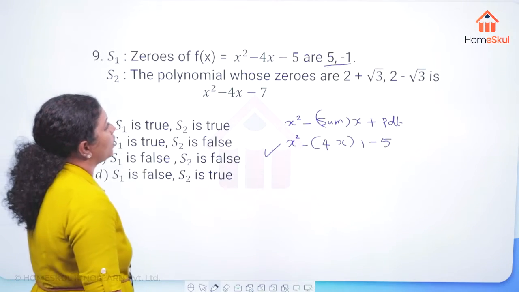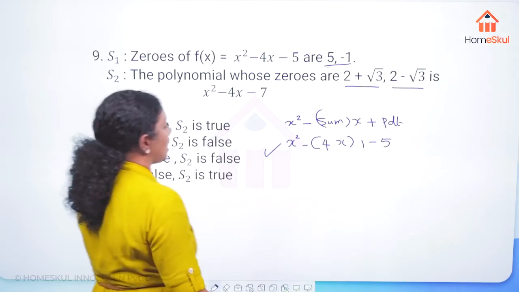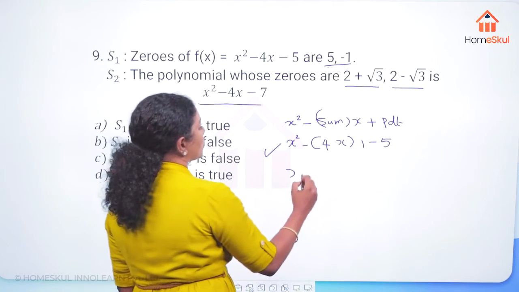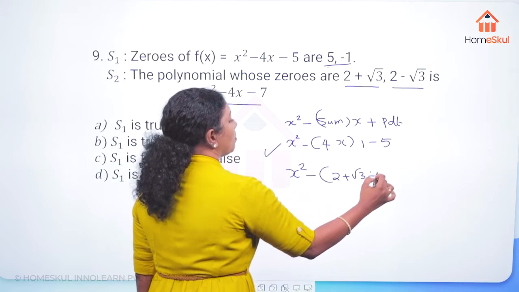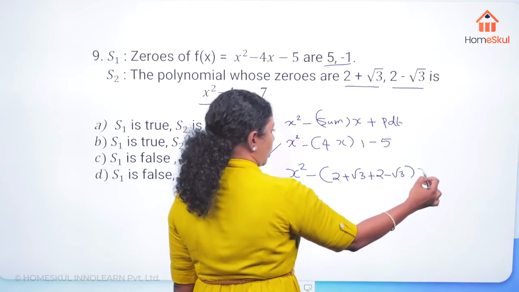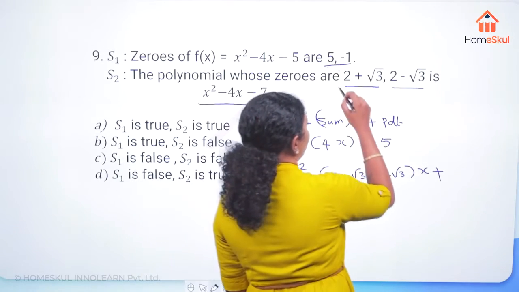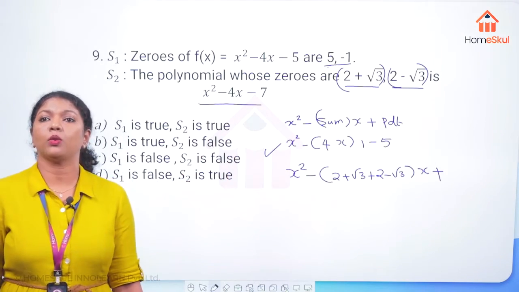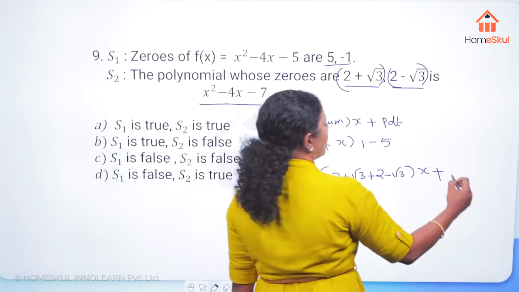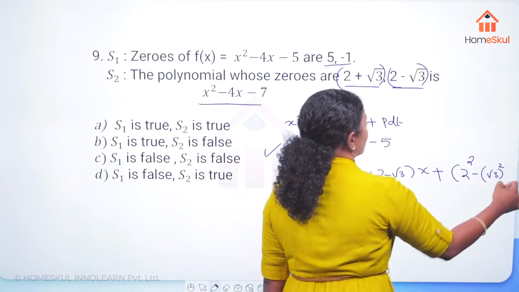Next is the polynomial whose zeros are 2 plus root 3 and 2 minus root 3. Let us try x square minus the sum, 2 plus root 3 plus 2 minus root 3, into x plus the product. 2 plus root 3 into 2 minus root 3 is in the form of a plus b into a minus b, so it is a square minus b square. So 2 square minus root 3 square.